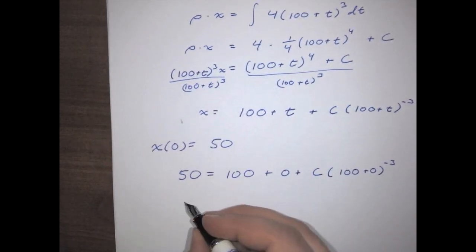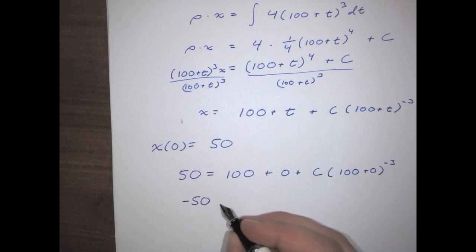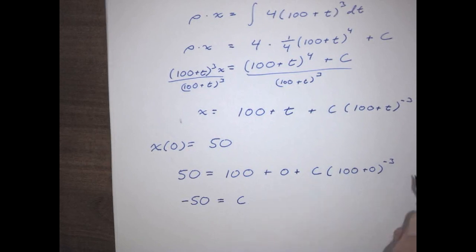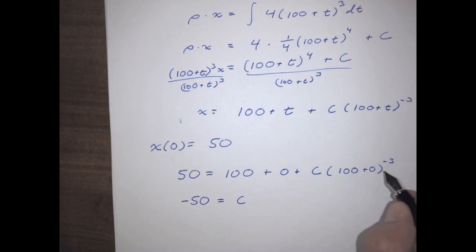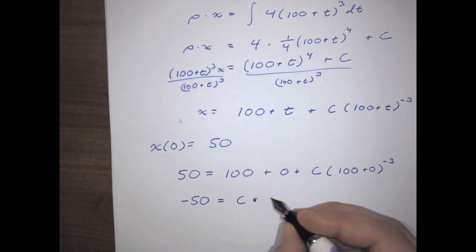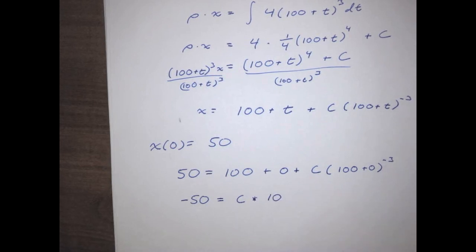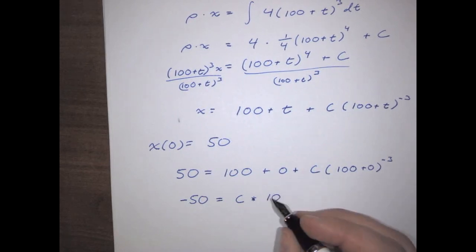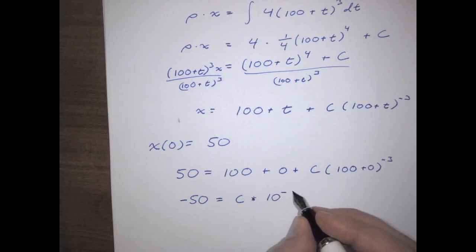So subtracting, negative 50 is equal to c times 10 to the 2 times the power of negative 3, so it's going to be 10 to the negative 6.